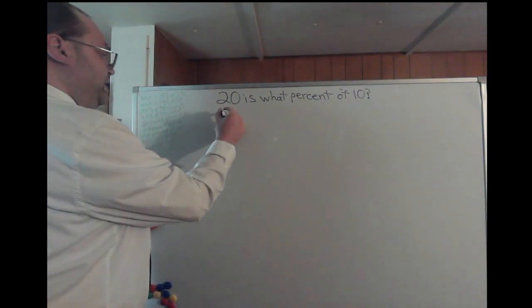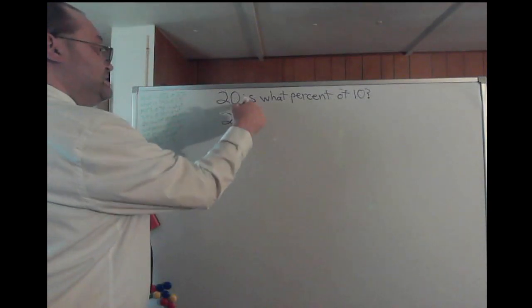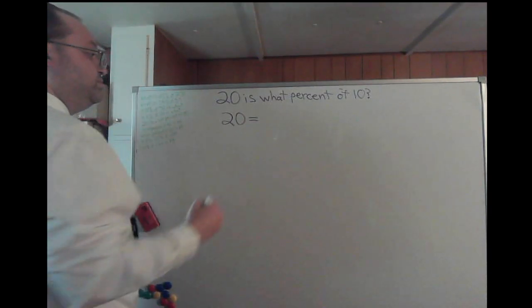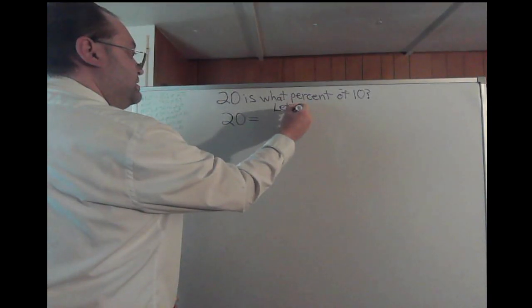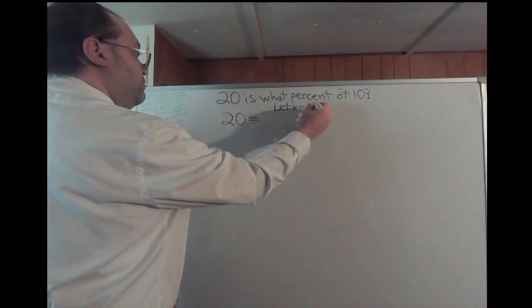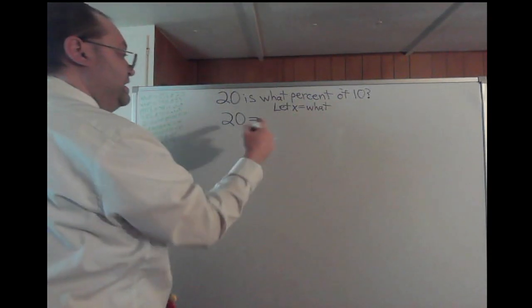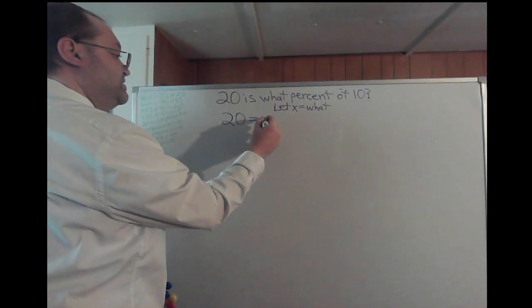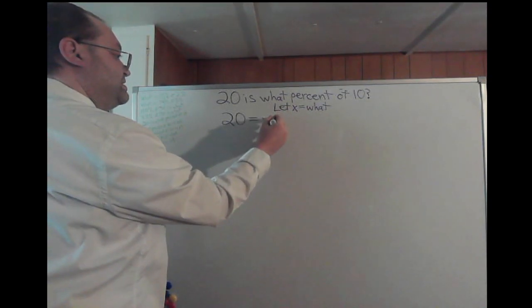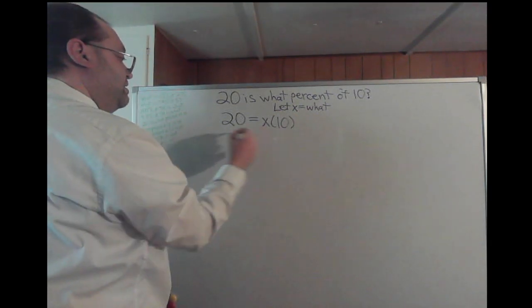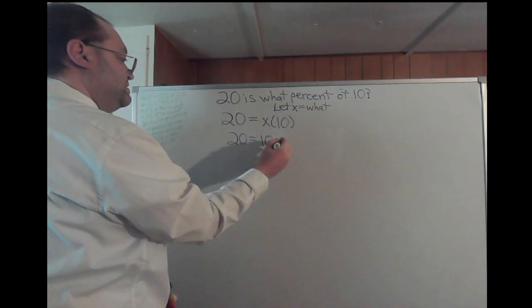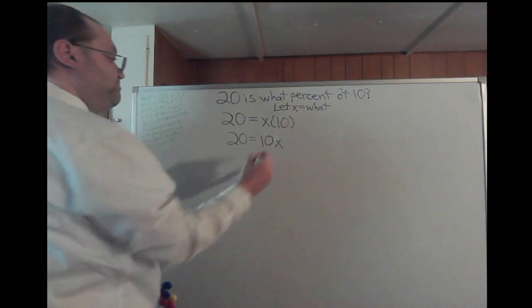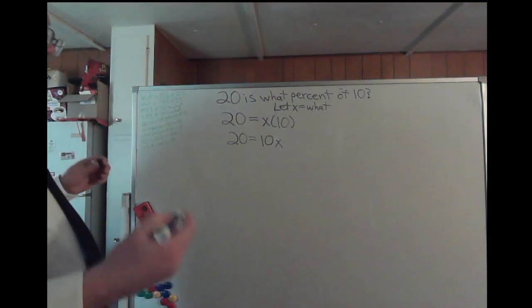So 20 is, which means equals to, what percent? Let's let x equal what? Is what percent of 10? X times 10, which means 20 is equal to 10x, since it's x times 10, that's 10x.